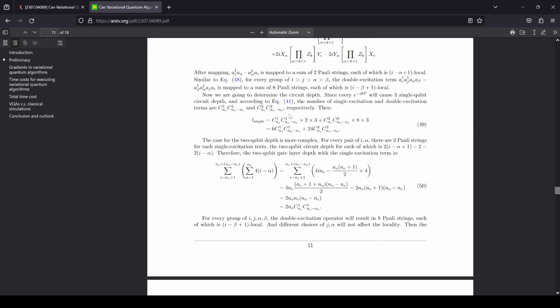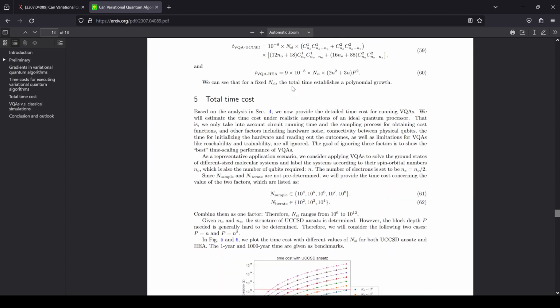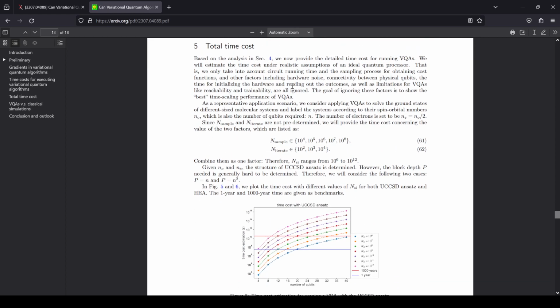Then we don't have to worry about all this stuff about UCCD. What goes on here is we're saying, okay, let's suppose the number of iterations go from 100 to 10,000, and then we have varying numbers of samples required.